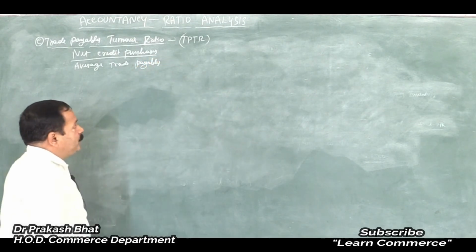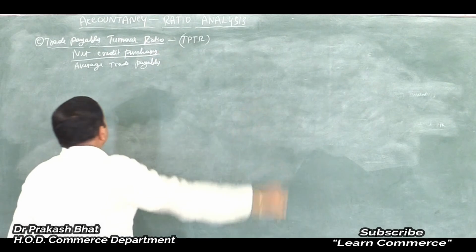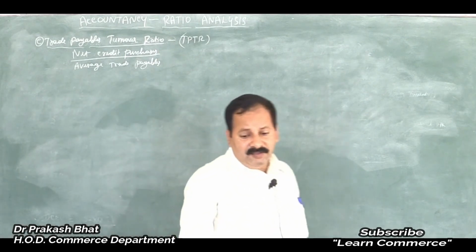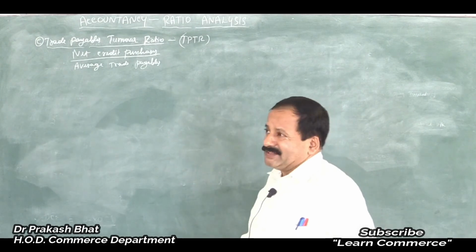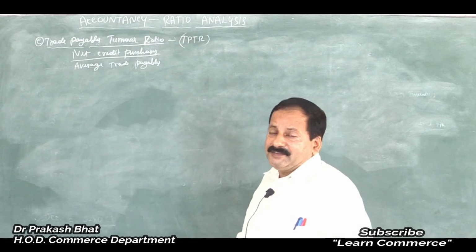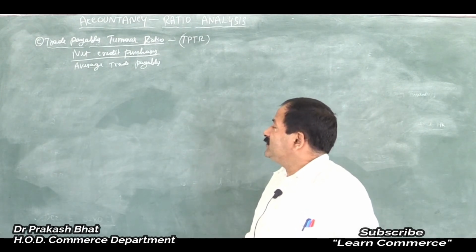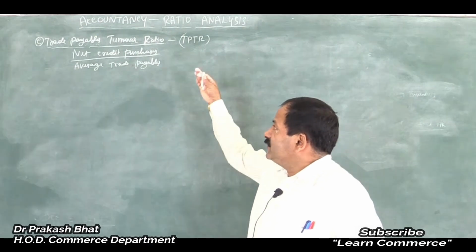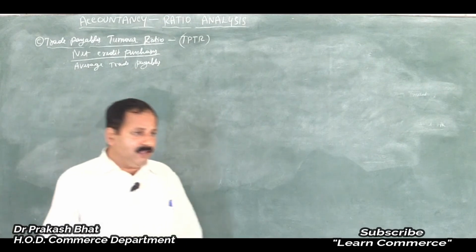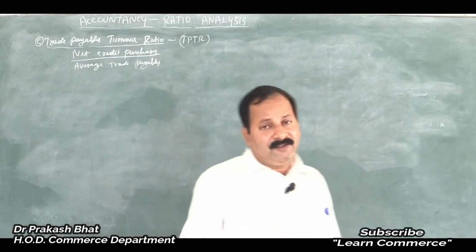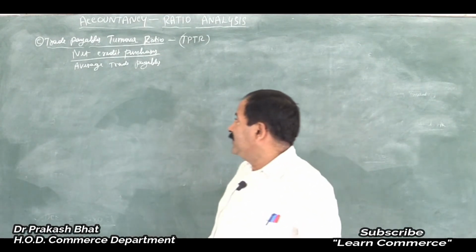In the same way whatever we did under the receivables turnover ratio, here you have to take the purchases, isn't it? Average trade payables, that's a net credit purchases, whether it is mentioned cash or credit. If it is not mentioned, the entire purchases will be credit purchases. You have to treat in that way.